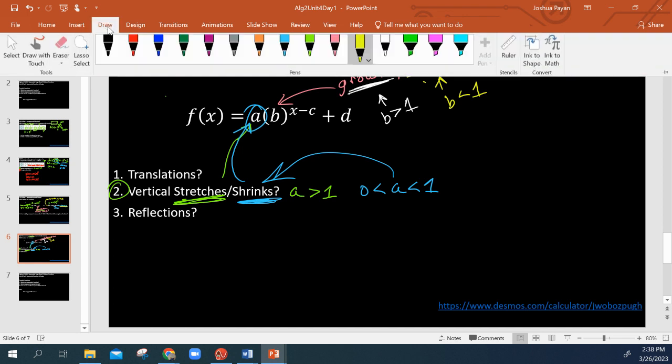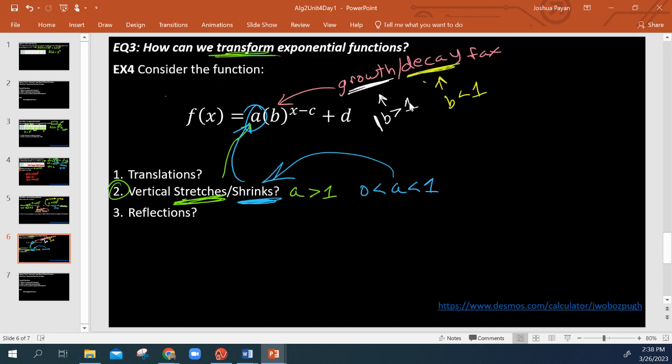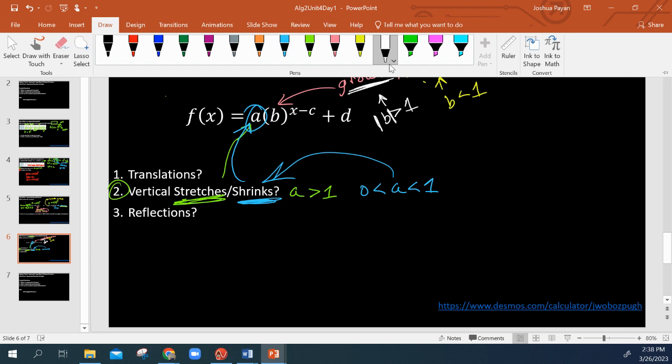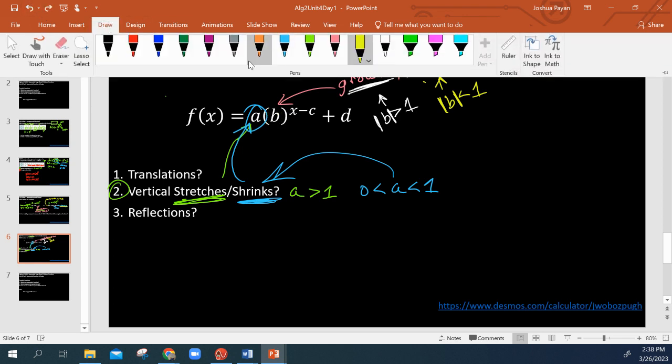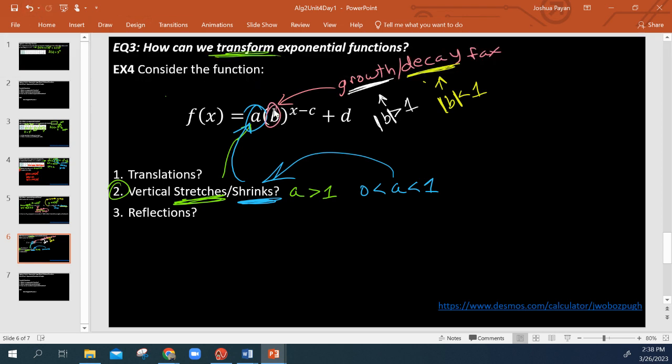Here, I should get even more specific because sometimes these numbers might be negative. That's not really what's important. We should say the magnitude of B, so whether it's positive or negative doesn't matter. The absolute value or magnitude of B is what actually does matter. So that is what B is representing, either growth or decay.